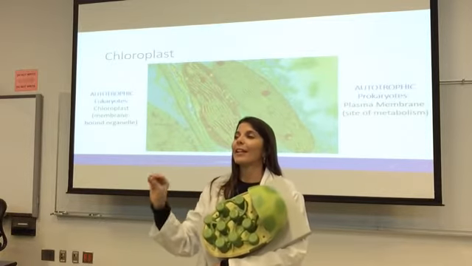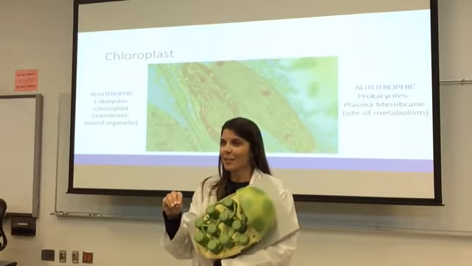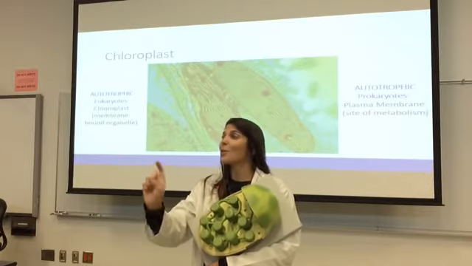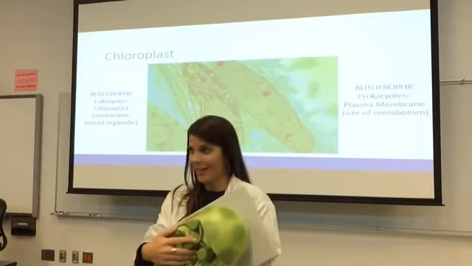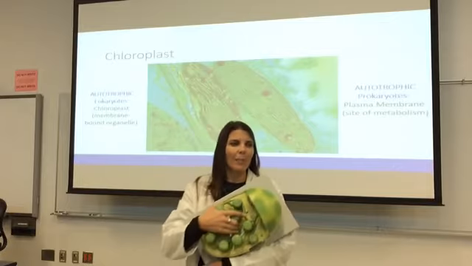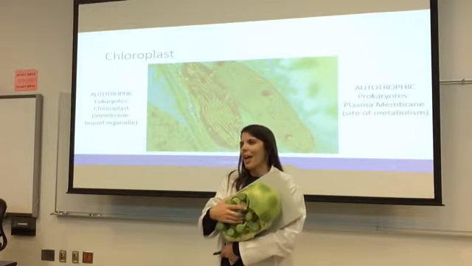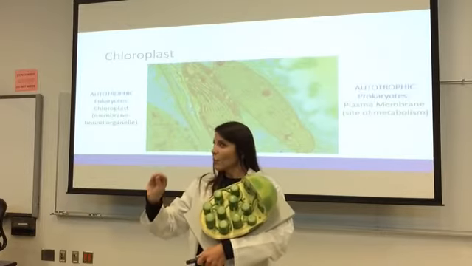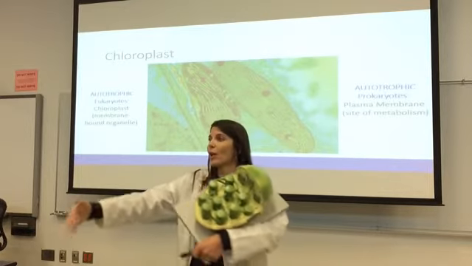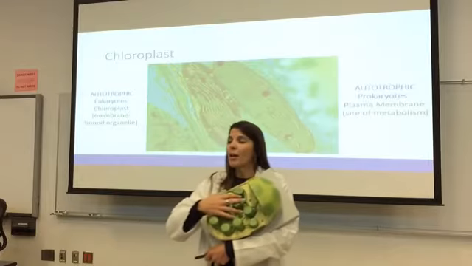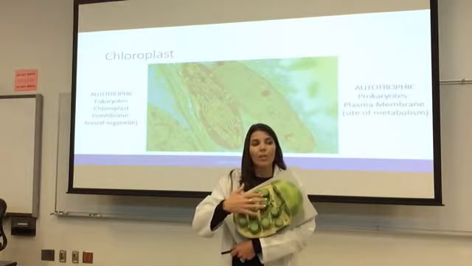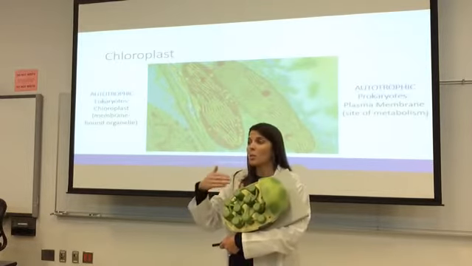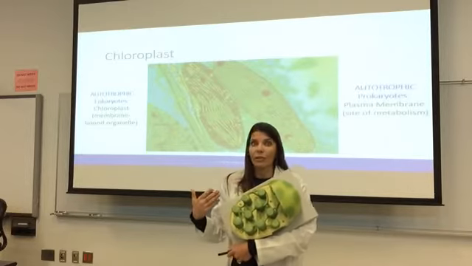What's the theory that explains this? Endosymbiotic theory. The endosymbiotic theory says that these bacteria were hanging out, and a bigger bacteria phagocytized, which is a type of endocytosis, phagocytized the smaller bacteria or engulfed it, and we know it was engulfed and not consumed because it was still alive.